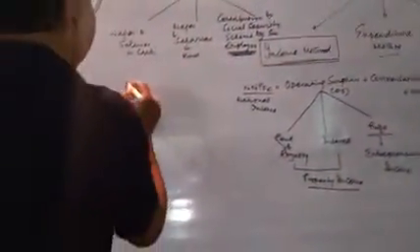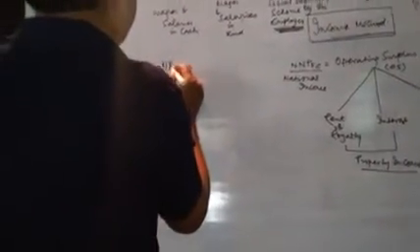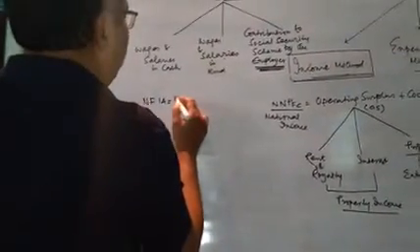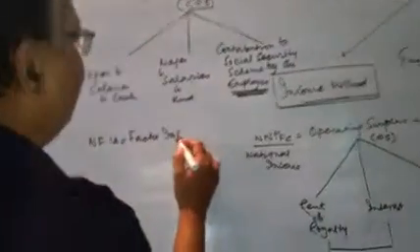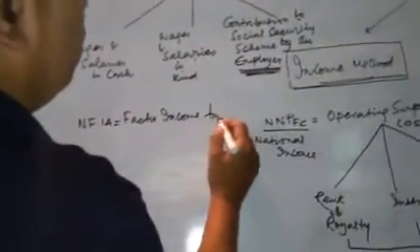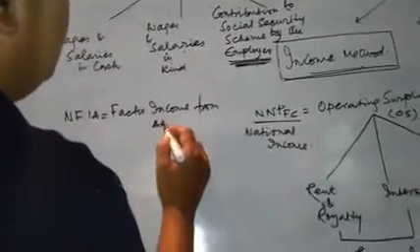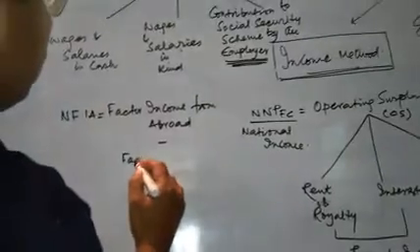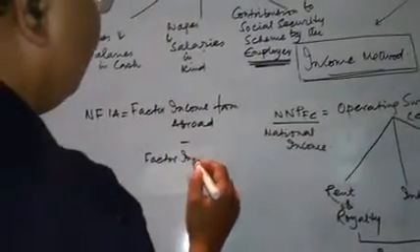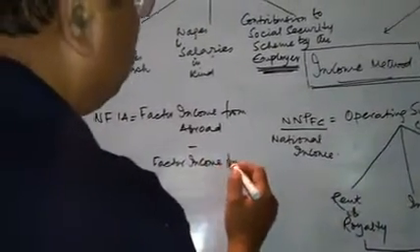In order to calculate NFIA, we do factor income from abroad minus factor income to abroad.